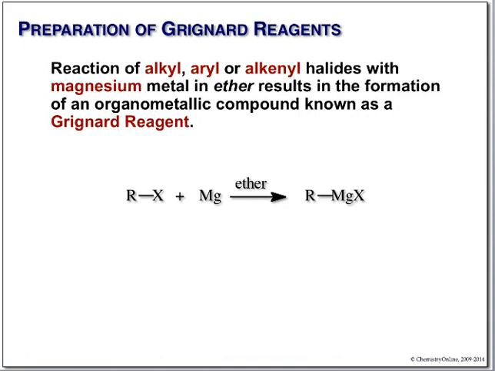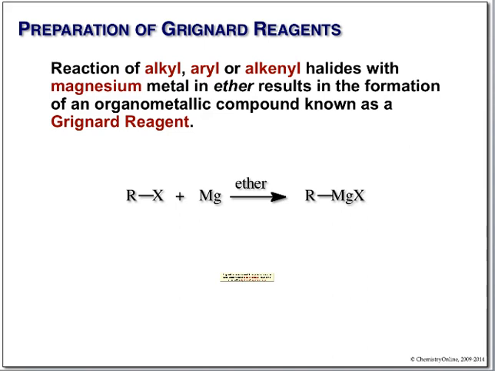If you take virtually any alkyl, aryl, or alkenyl vinyl halide, you can react it with magnesium metal. You do this in ether, you wind up with a complex reagent known as a Grignard reagent, abbreviated RMgX, where R is whatever group you start with, and X is the halogen that was attached.